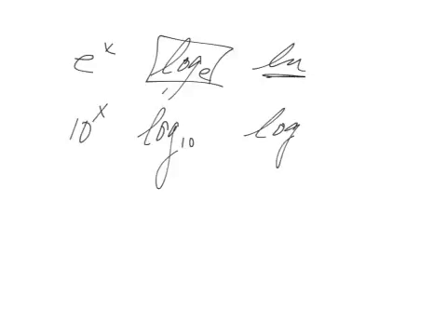So this is log base E, this is log base 10. Everything works the exact same way with ln as with log. It just depends on what you're doing here.